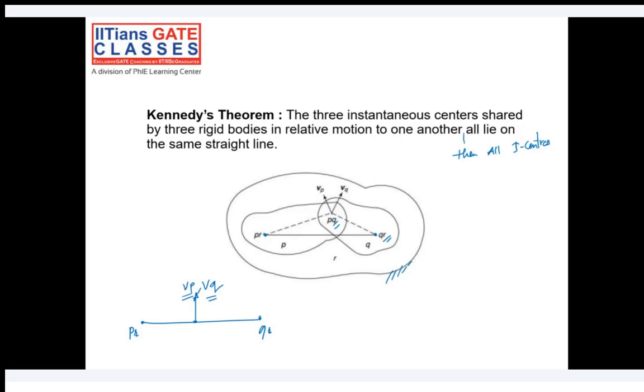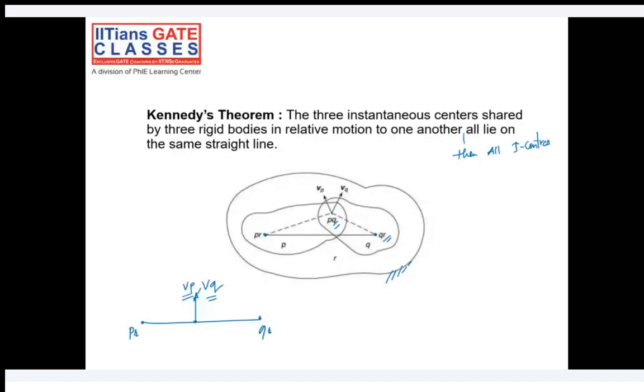So we'll try to see now how you will locate the I center in a 4-bar chain and a slider crank mechanism. Can I proceed to the next slide? Yeah.